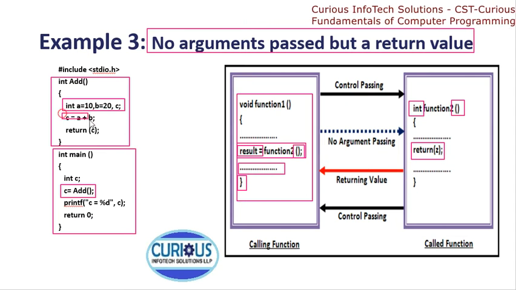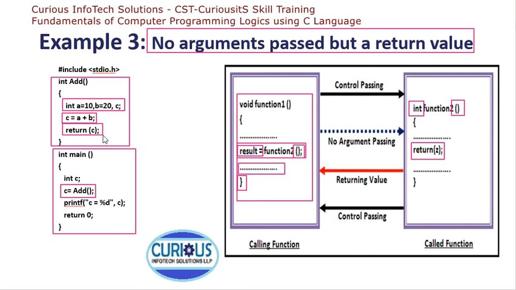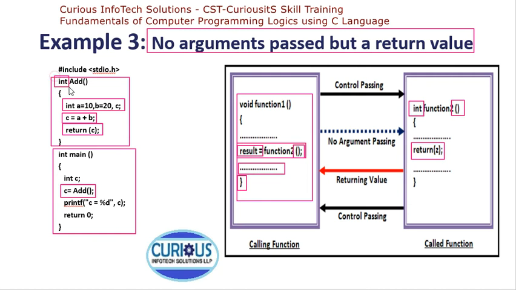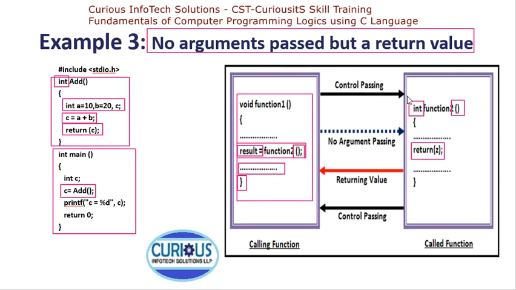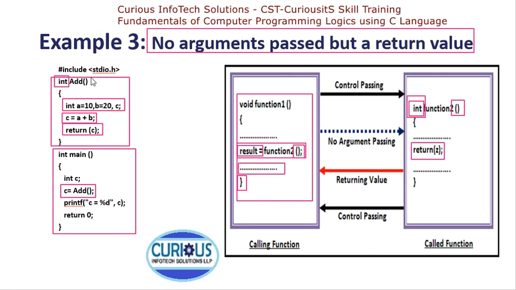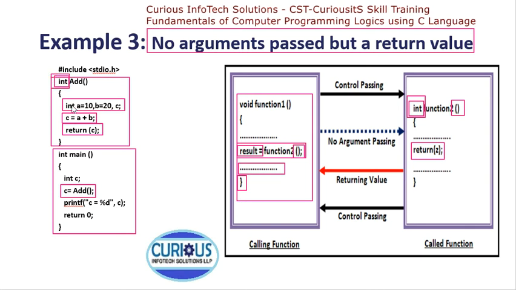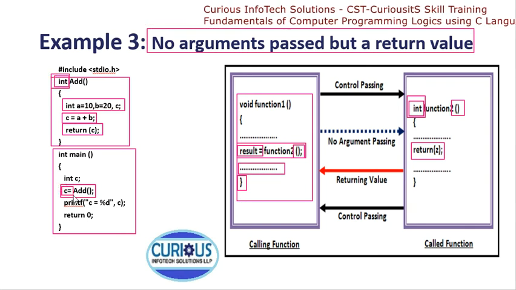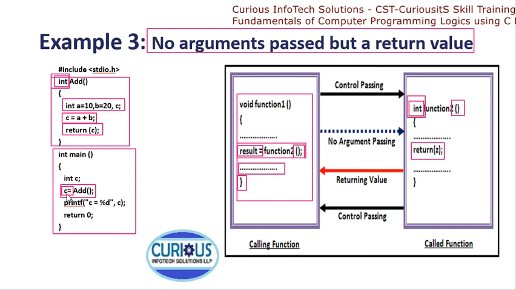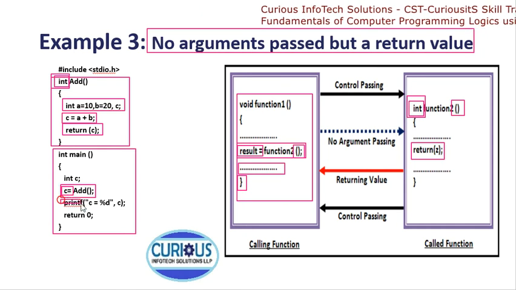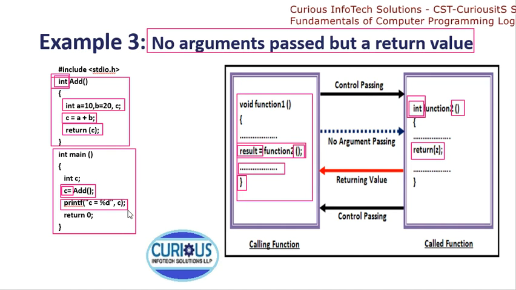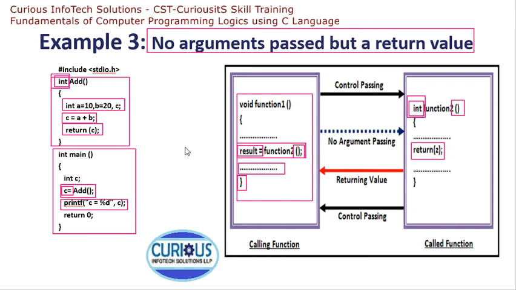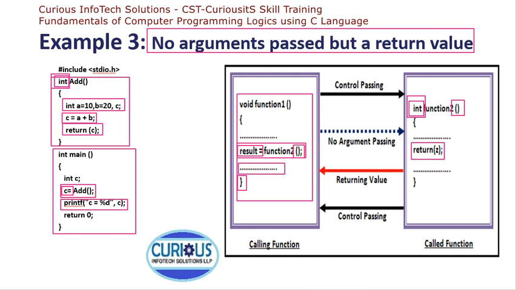Now we will calculate c is equal to a plus b, and this should be written, which means we should use the int. Similarly here we are using int, and here as well, the same concept. Whatever value is assigned to this c, that c will be the output returned by this function. So this is the way we are performing example 3.